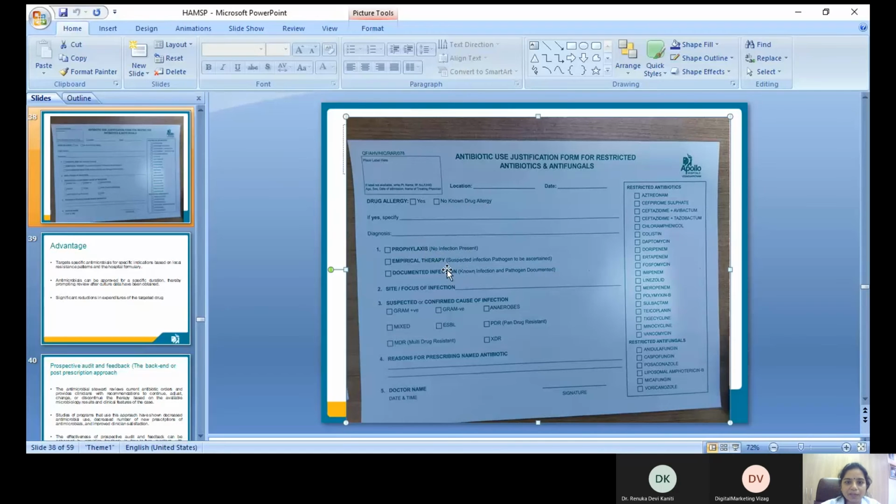Here it is documented by the patient. The site of infection and the suspected pathogen are also filled by the consultant or the prescriber, and the reason for prescribing the antibiotic is also filled. This justification is signed by the prescriber and sent to the antibiotic stewardship team for authentication.